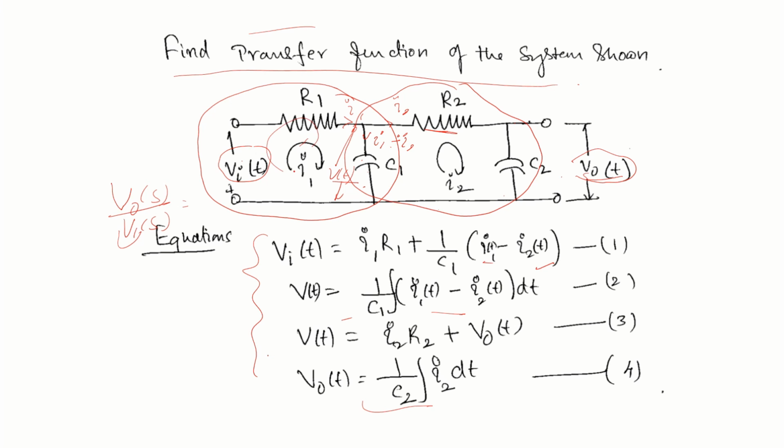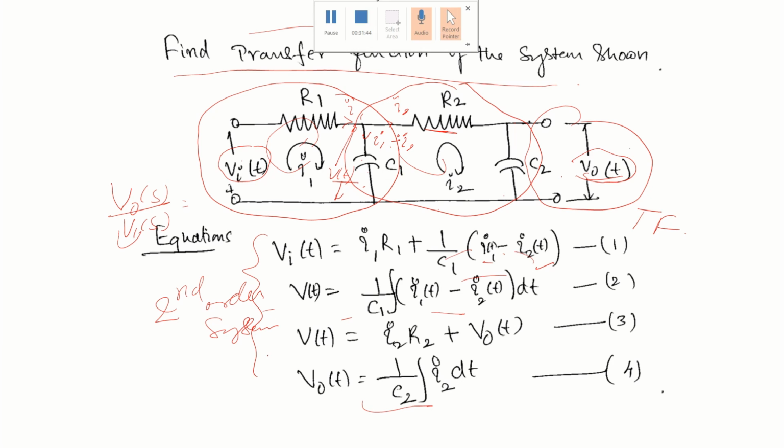This will be a first order equation, this will be a first order equation, and totally it should become a second order system. Now, any number of branches if I introduce, you can go on writing the equations and find the transfer function. Good. That's how we can find the transfer function of simple electrical systems. Now, thank you. We'll meet again.